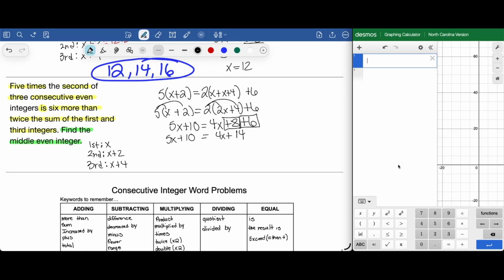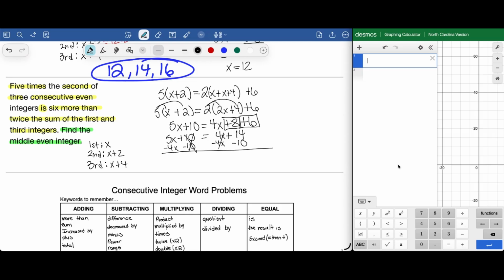Now I'm going to get all my variables on one side and I'm going to get all my constants on the other. And I'm going to do all this in one step. So I'm going to take the 4x and move it to the front. So when I move it, it becomes a negative 4. And the positive 10 that's up front, I'm going to move it to the back to the 14. It's a positive 10 up front, but when I move it, it becomes a negative 10.